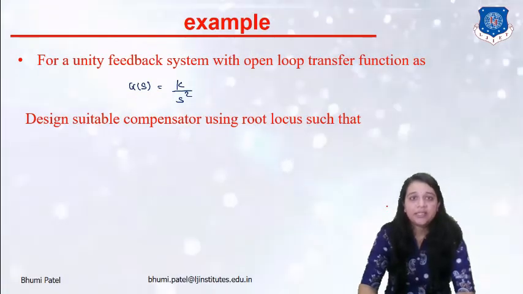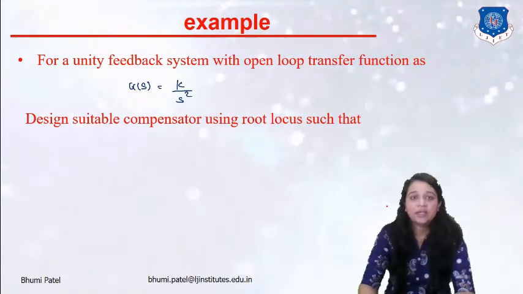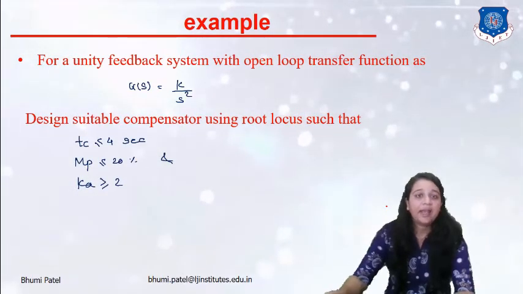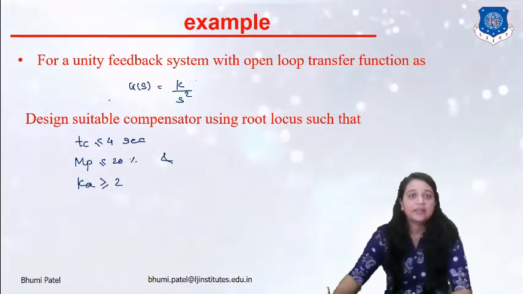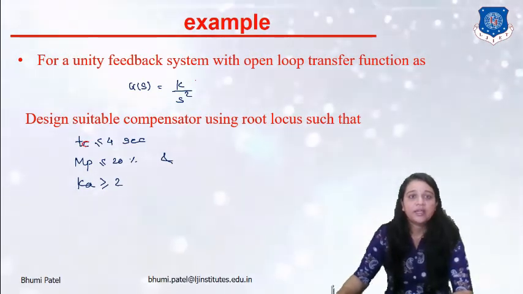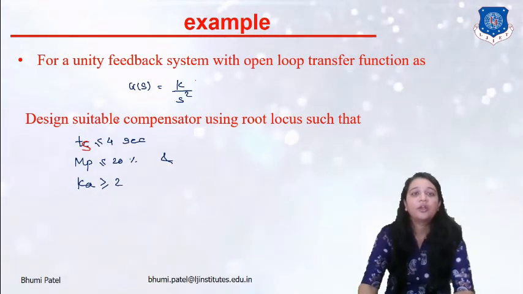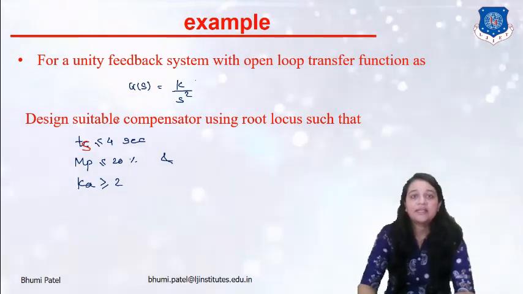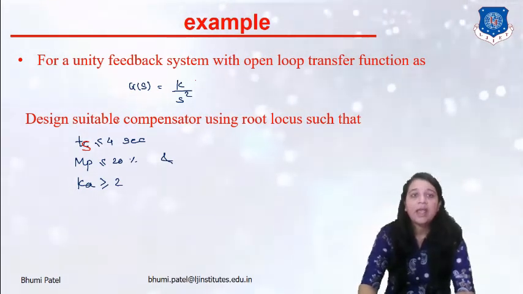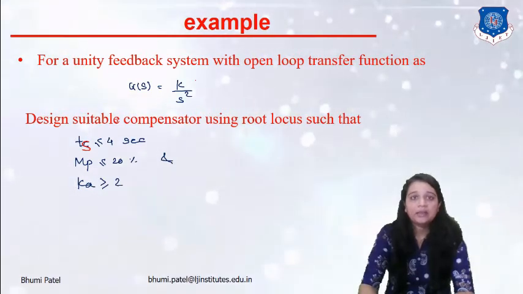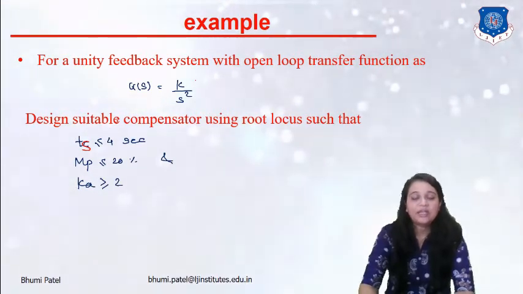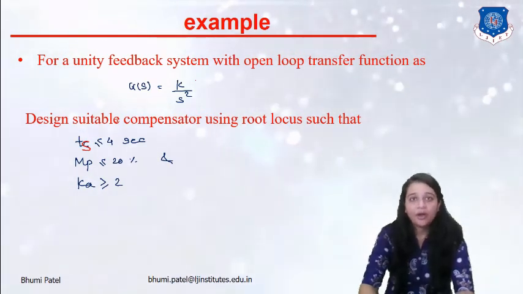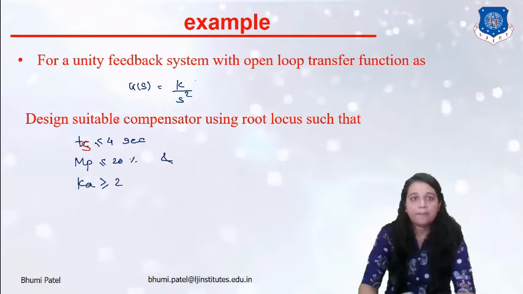We have to design a suitable compensator using the root locus such that the settling time Ts is less than or equal to 4 seconds, MP, the peak overshoot, is less than or equal to 20%, and Ka is greater than or equal to 2. So this data is given for this particular example, and we can solve it step by step.